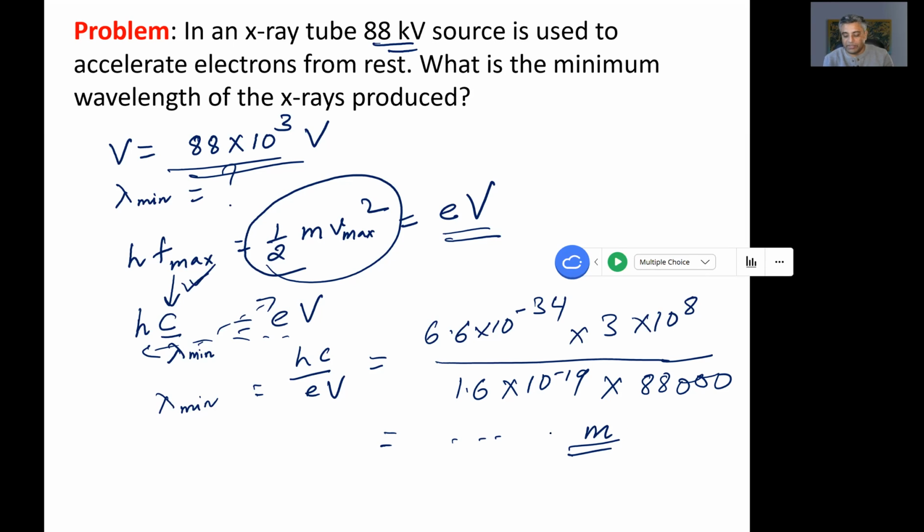So we expect to get a very small number. As you can see, there is negative 34 here, and here is just negative 19. So negative 19, when it goes up, becomes positive 19. So 19 and 8 are going to add up, so it's going to be 27.